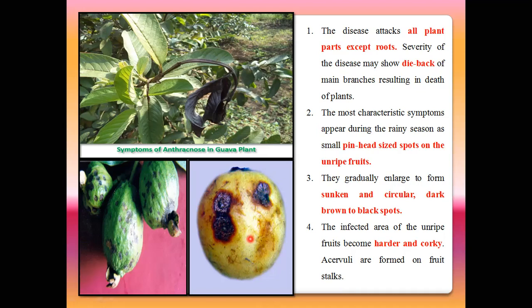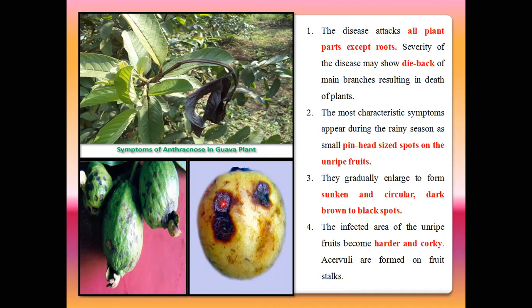These ripe fruits are unfit for consumption because the tissue is already infected and showing softening. The dark brown spots become black in color and directly form acervuli, the spore fruits.